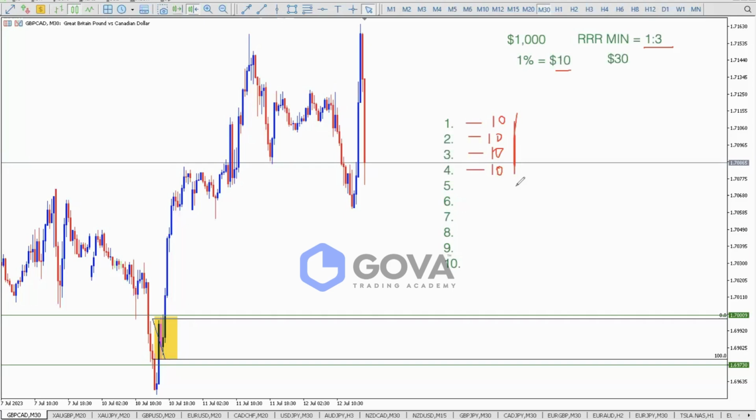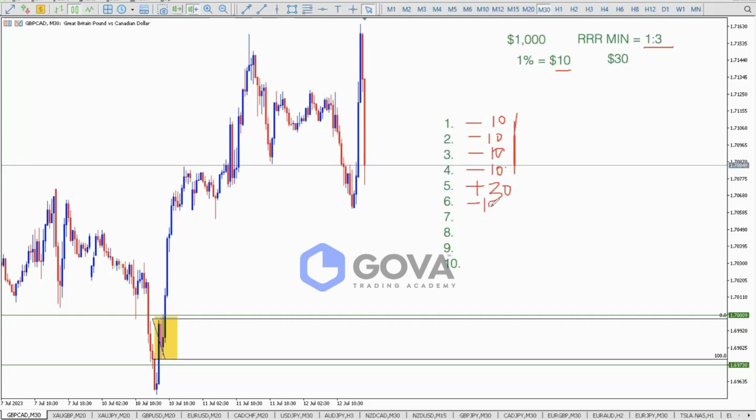You have to be consistent with the risk. Don't change the risk. You can see how I'm consistent with the risk here: $10 risk, $10 risk, $10 risk. Now on the 5th trade, I happen to make a profit of $30. On the 6th trade, I lose another $10.